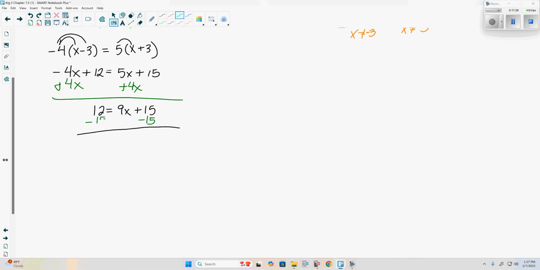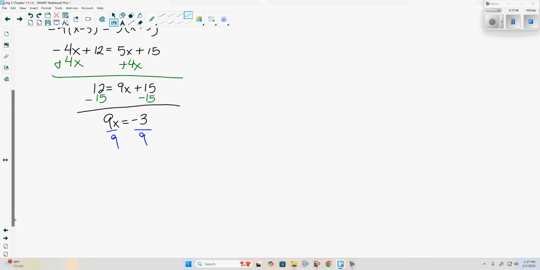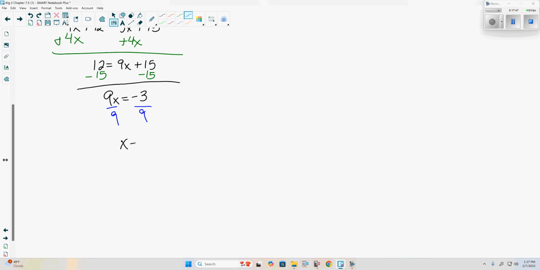And minus the 15, so we get the x by itself. 9x is equal to negative 3. And lastly, divide by 9. Negative 3 over 9 is going to simplify to negative 1/3.